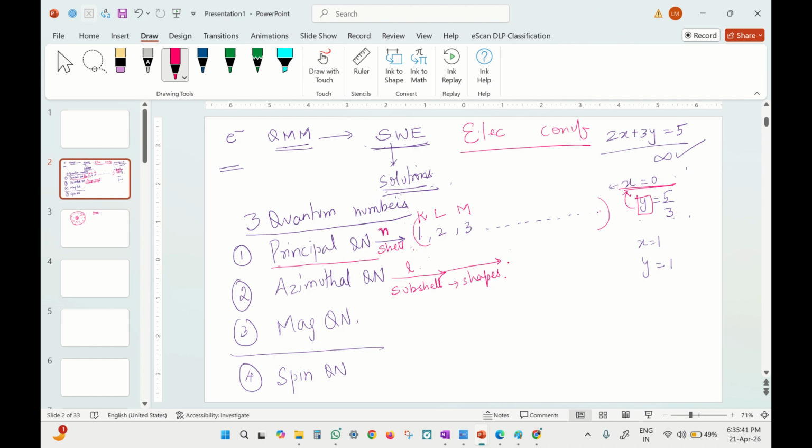So the value that is allowed for L will be anything ranging from 0 to n minus 1. Is that clear? The formula to calculate the L values has n in it. That means, is it not dependent on n value?